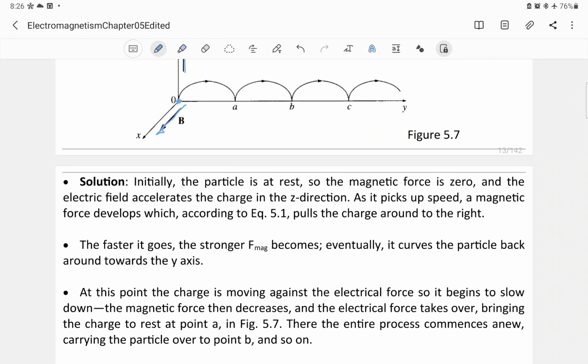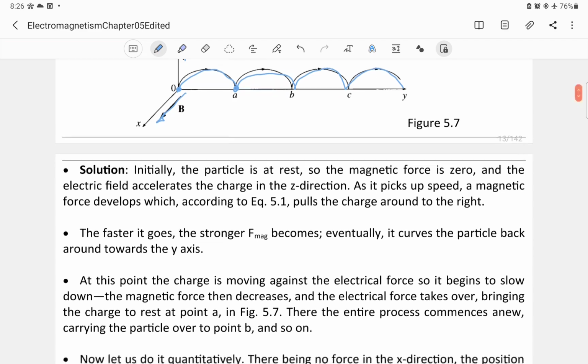And at this point, the charge is moving against the electrical force, so it begins to slow down. The magnetic force then decreases and the electrical force takes over, bringing the charge to rest at point A, here. There, the entire process commences anew, carrying the particle over to point B, and so on. So the cycle repeats periodically. And this is what we call also like an oscillation, but a different kind of oscillation.